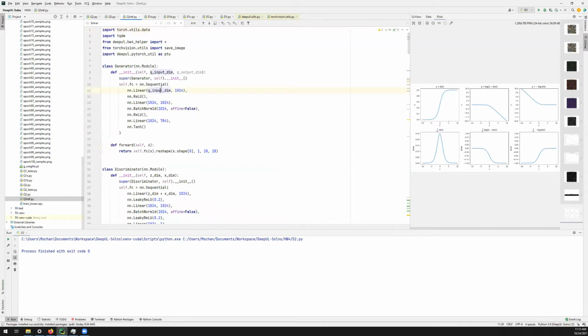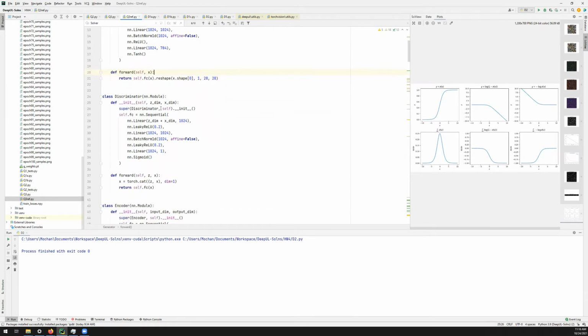So we'll start from the input dimension. Then this is just the generator: 124, batch norm, a couple of ReLUs, and then back to 784. And 784 is the size of the MNIST image, 28 by 28. In the forward, it's shaped back to 28 by 28.